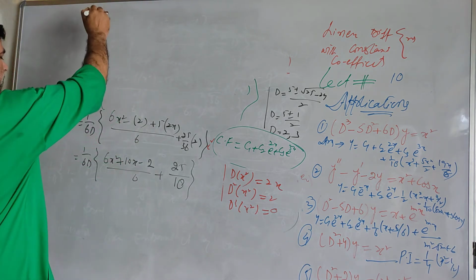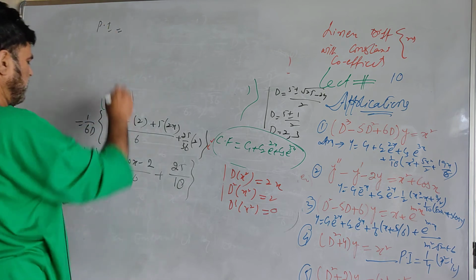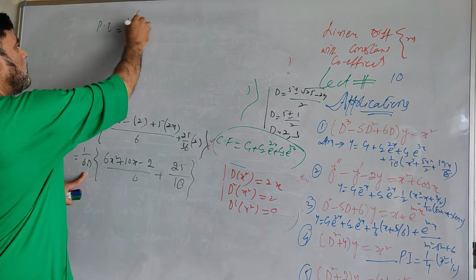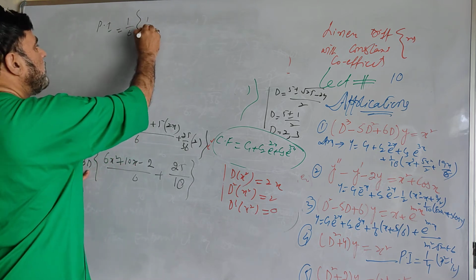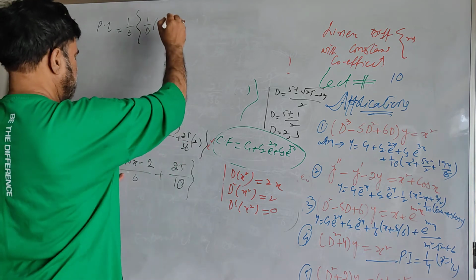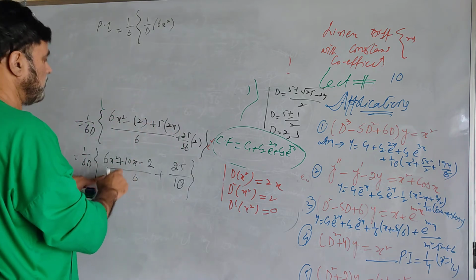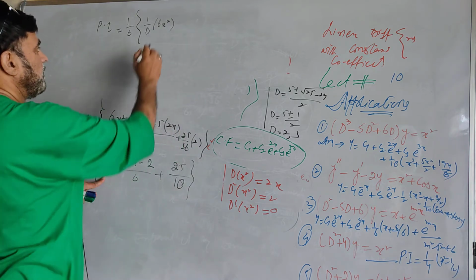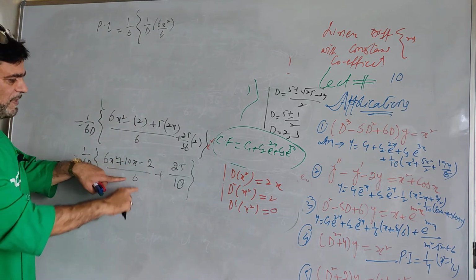Just look, particular integral: my 1 by 6 is thrown out. Then I write 1 by D of 6x square, or you can write by 6. I am splitting here: 6x square by 6, 10 by 6, 2 by 6.